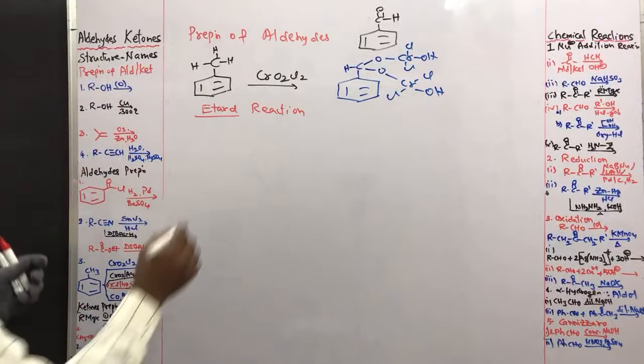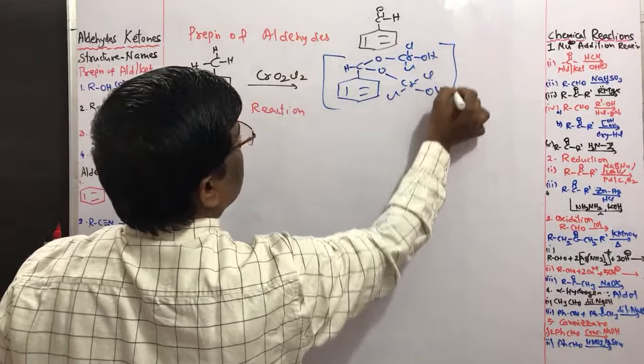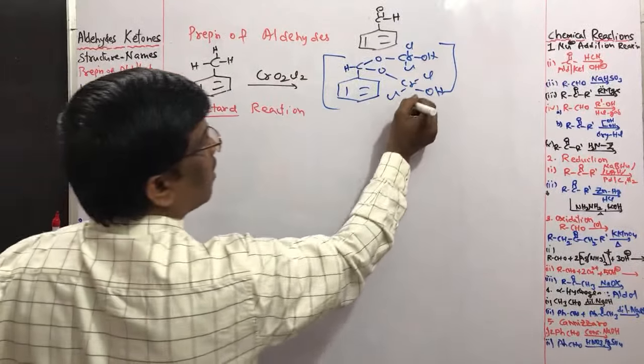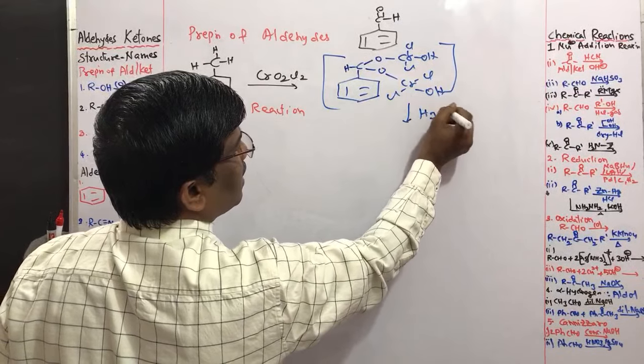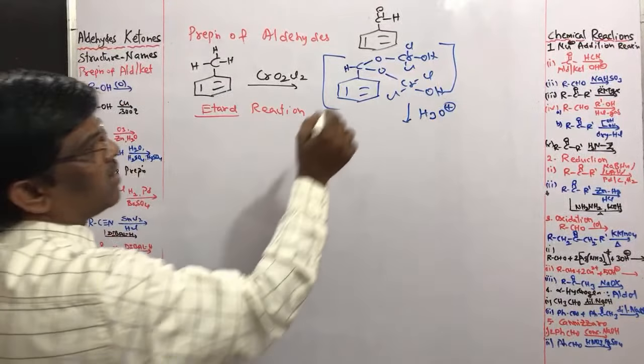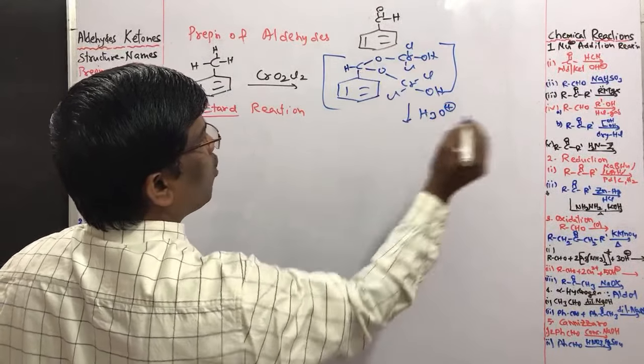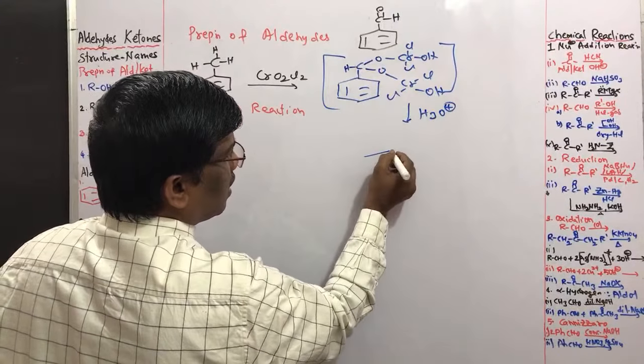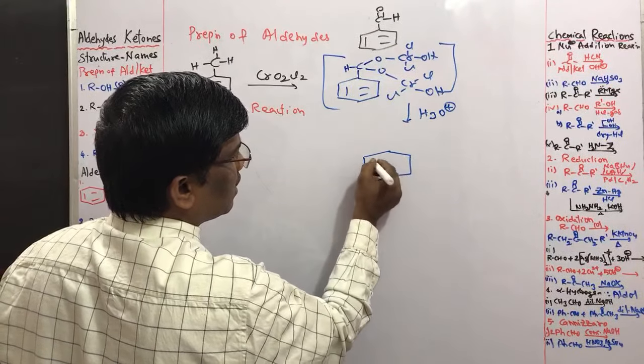This is the chromyl complex, chromium complex. When I do further hydrolysis using acid hydrolysis, it is going to break here to give chromic acid and the benzaldehyde.